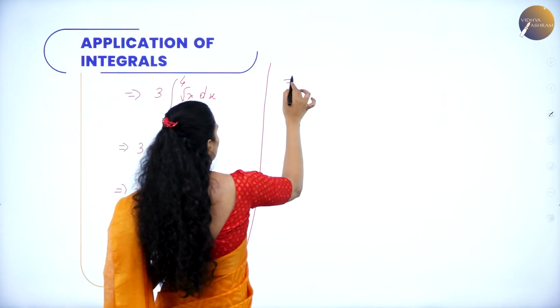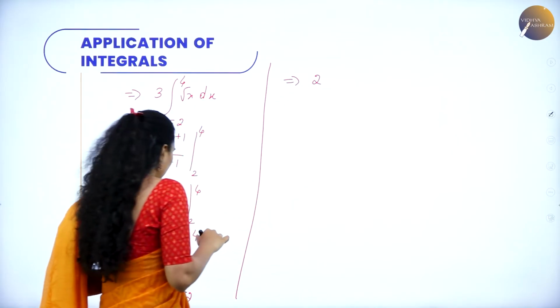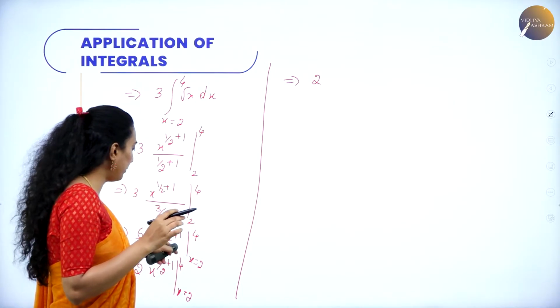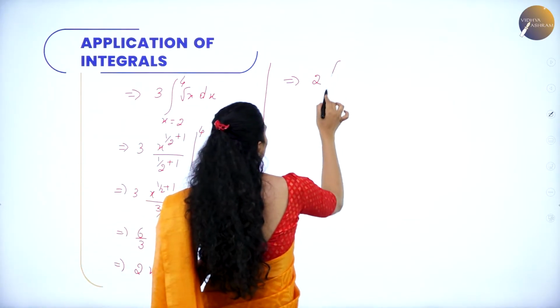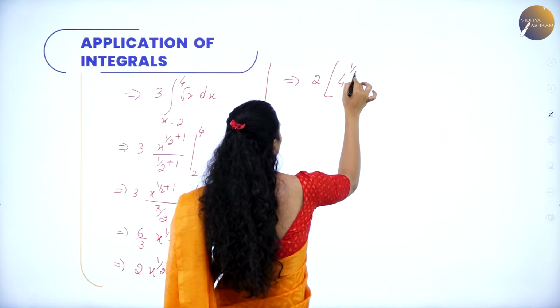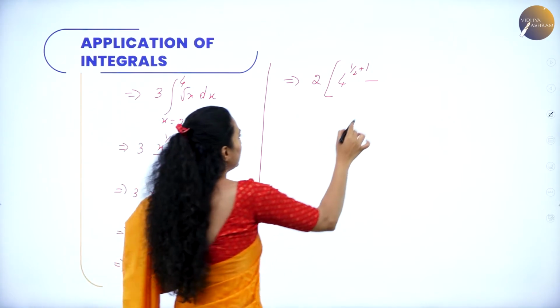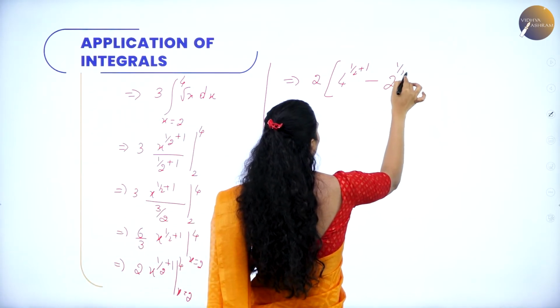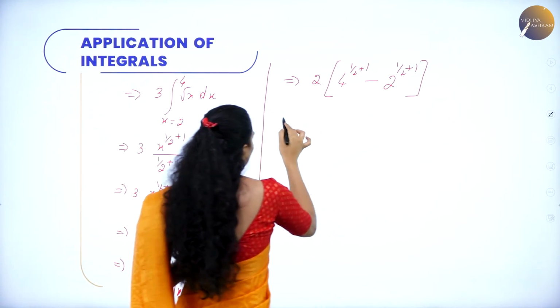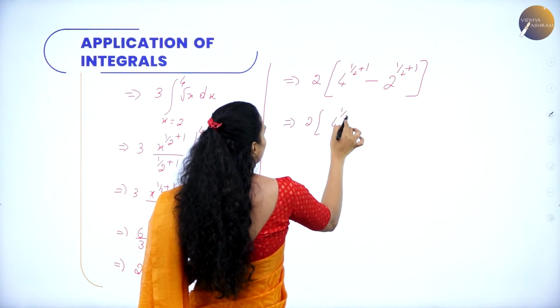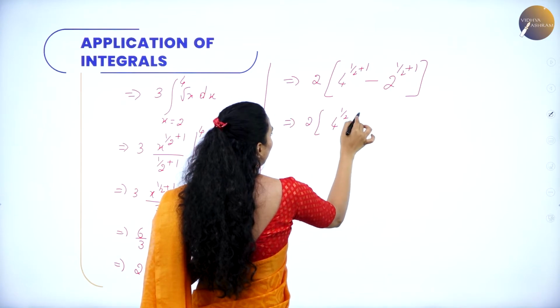So 2 as it is you are keeping, right? It is in the first quadrant they have asked you to calculate. x is nothing but applying the upper limit 4 first. So 4 to the power of 1 by 2 plus 1, minus the lower limit, which is nothing but 2. x is equal to 2 to the power of 1 by 2 plus 1. Now you can simplify further. 2 into 4 to the power of 1 by 2 into 4.